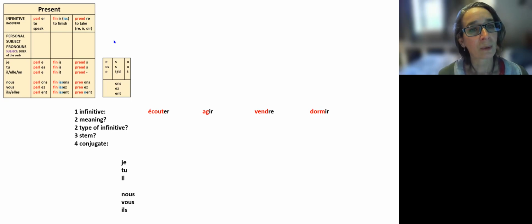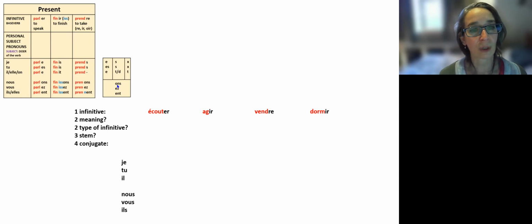Okay, but French is really simple. If it's an ER infinitive, okay, the endings are E, ES, E, and then these 3. But notice that the plural endings are always the same for all verbs. Yeah, so here you've already got all the plural endings in one go.